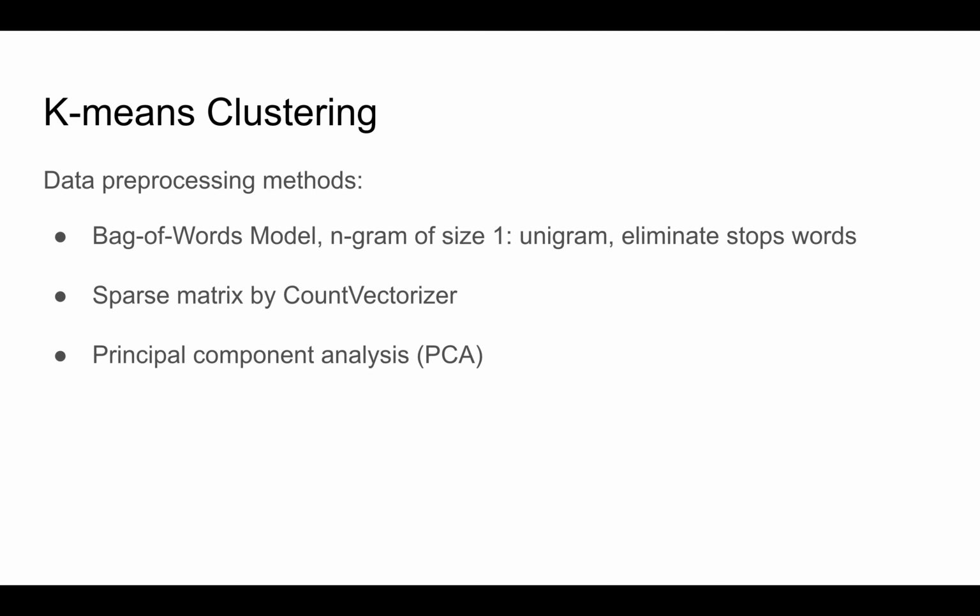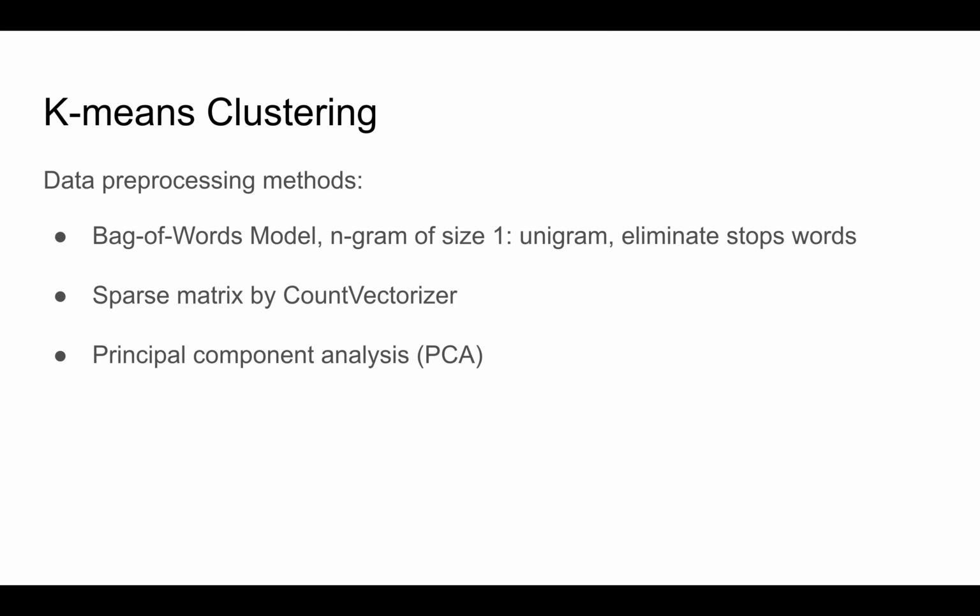By using this bag of words model, I can convert the text into integers, which is also called a sparse matrix, by using CountVectorizer. CountVectorizer is a Python library, and by fitting the raw text data into this function, I can get a sparse matrix.